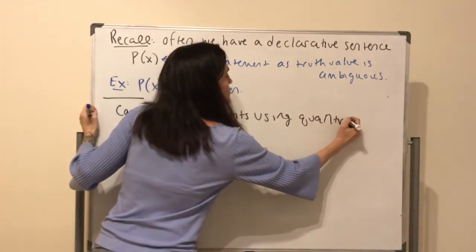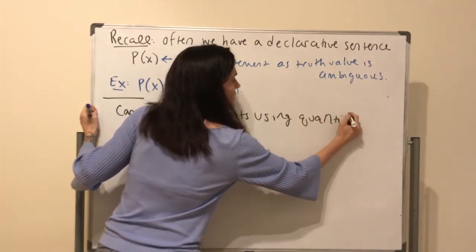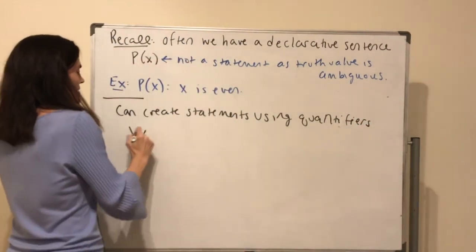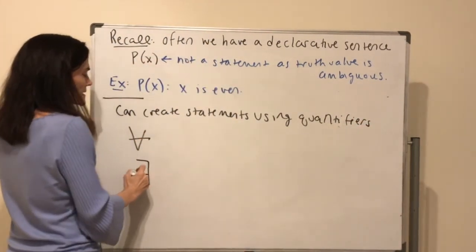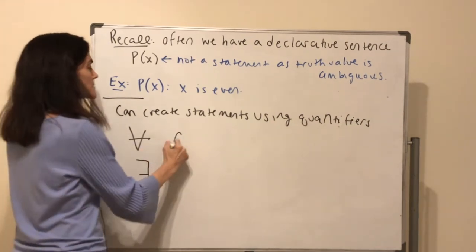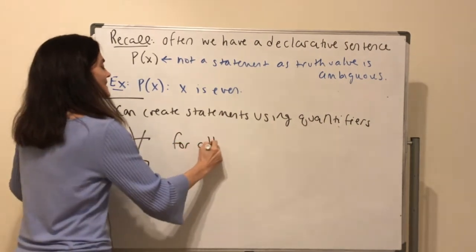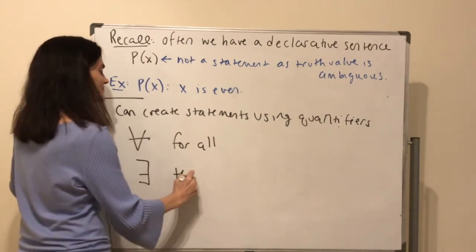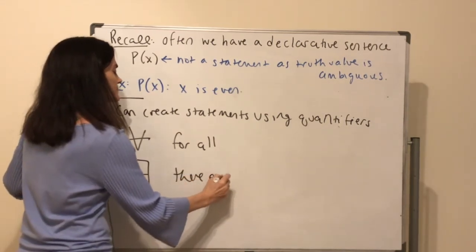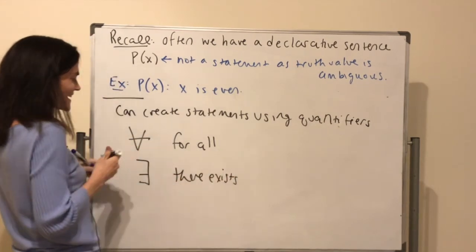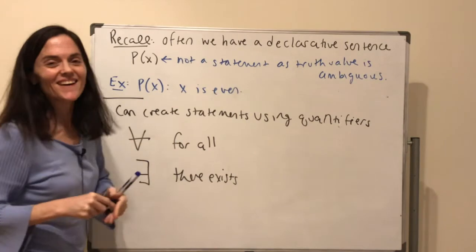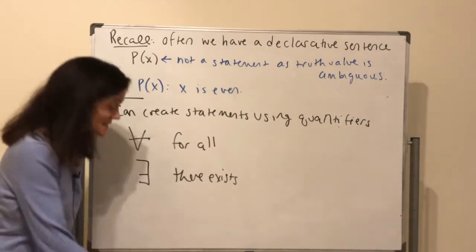And there are two main quantifiers. One goes like this and one goes like this. This quantifier is for all, and this quantifier is there exists. For all and there exists, symbol, word. These are the two quantifiers that we want to discuss.